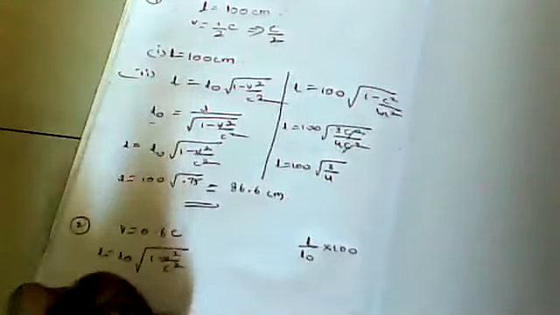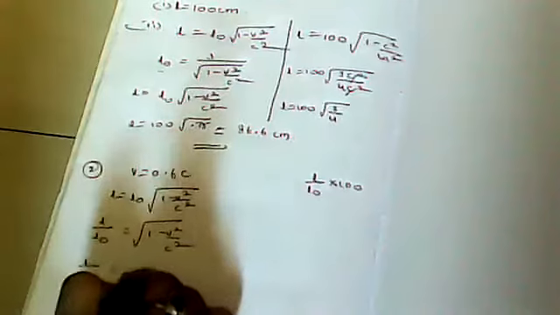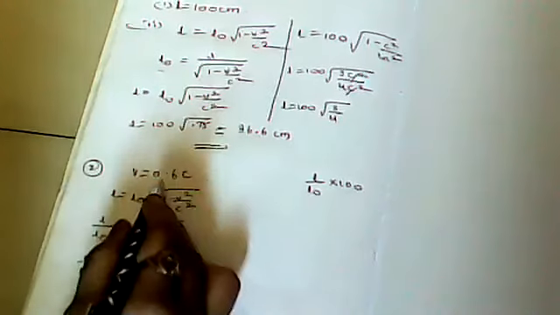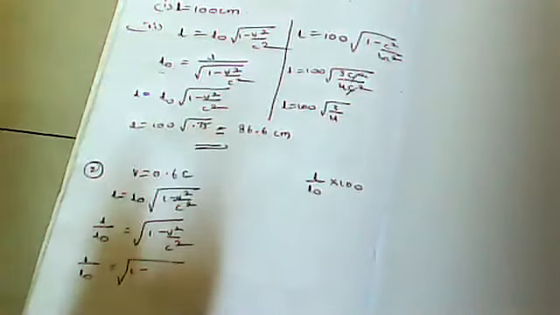First calculate L by L naught is equal to root of 1 minus V square by C square. So L by L naught can be written as root of 1 minus, V is given 0.6 C, so 0.6 C whole square by C square. Correct?